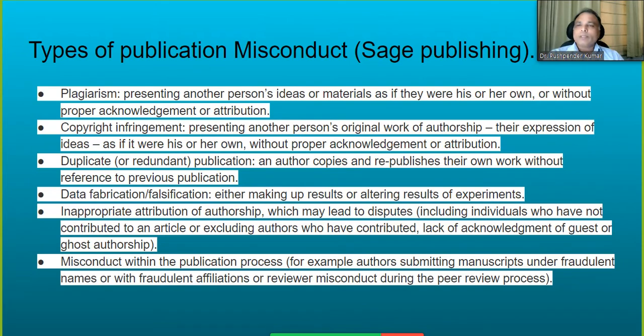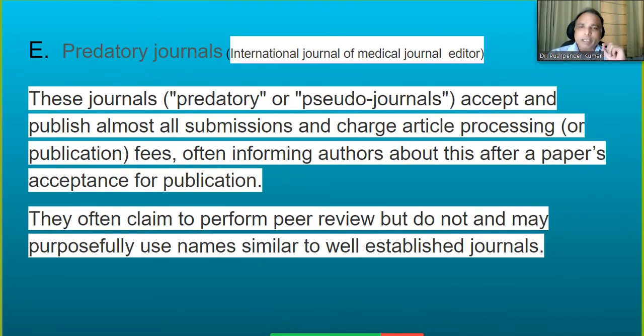So now let us move to a very important thing, everybody. Now please listen carefully. Predatory journals. What is a predatory journal? And from your examination point of view, this is also very important. According to the International Committee of Medical Journal Editors, predatory or pseudo journals accept and publish almost all submissions.